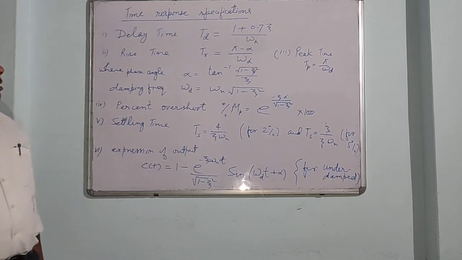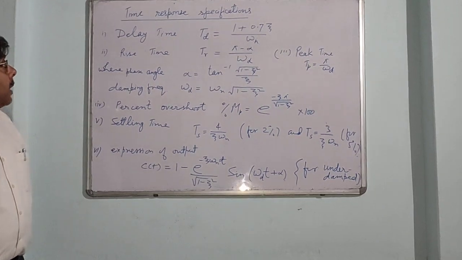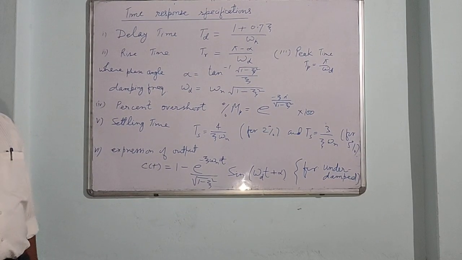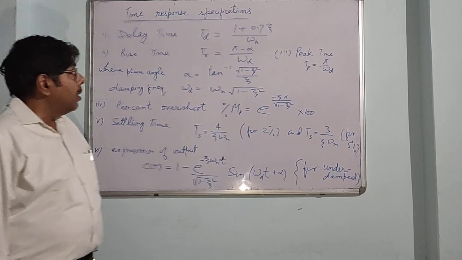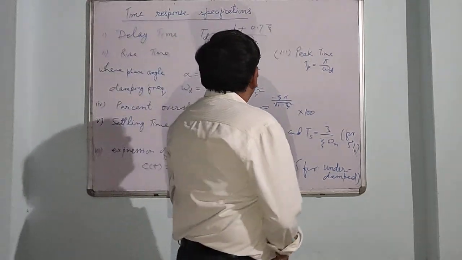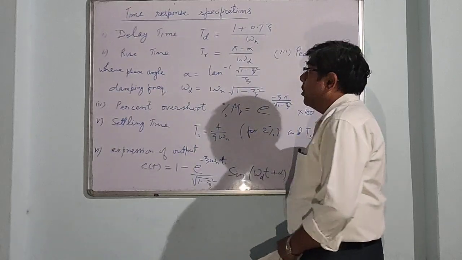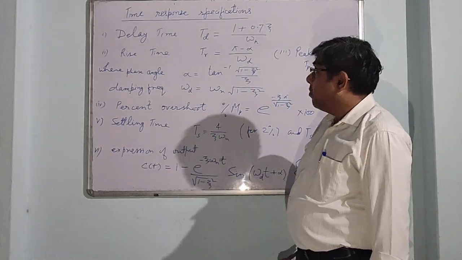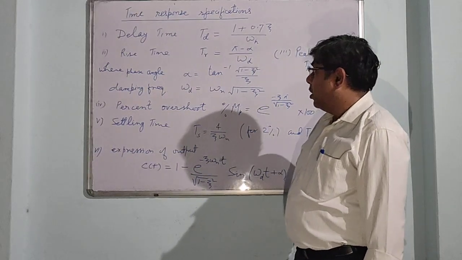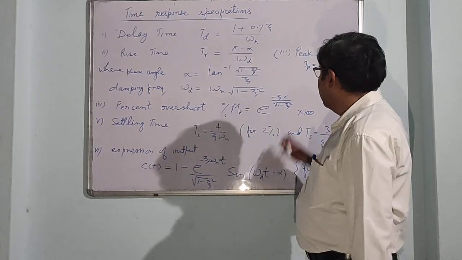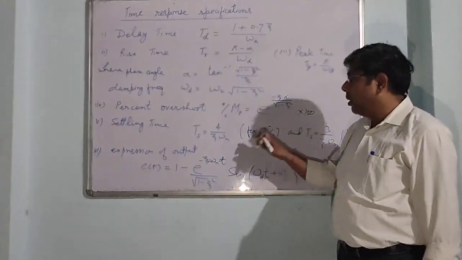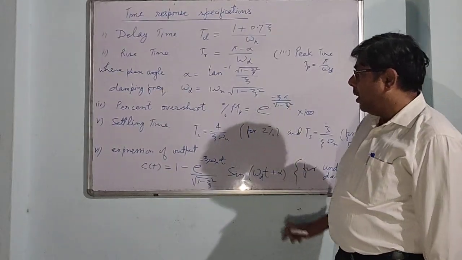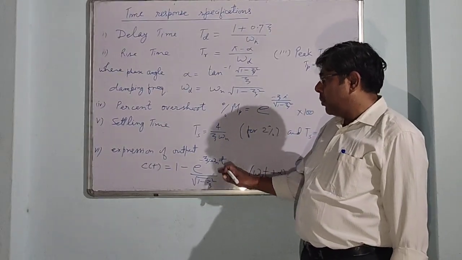Today we will discuss time response specifications. Several time response specifications are delay time, rise time, percent overshoot, peak time, settling time, and finally the expression of output.